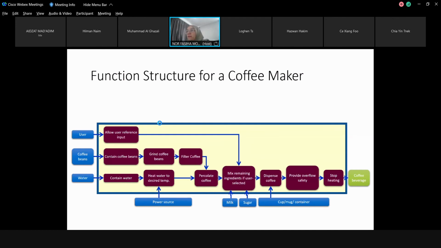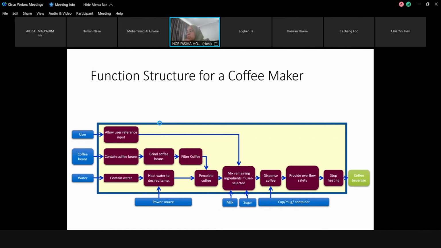So everything here must start with a verb: allow what, contain what, grant what, and so on. You have to understand this, it is important. Everything must start with a verb.